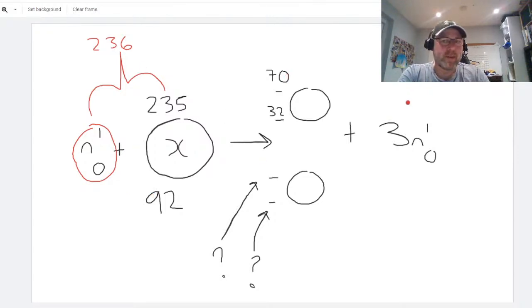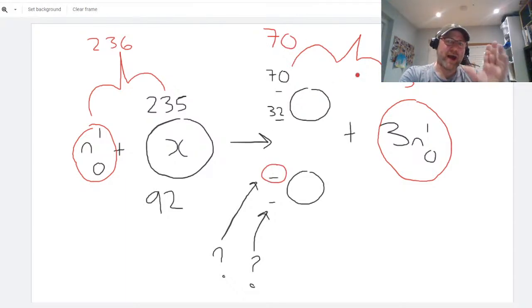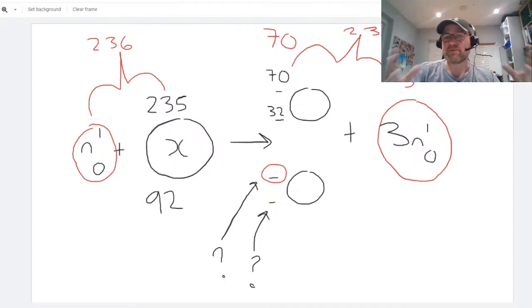So what about over here? Don't forget this cheeky little 3 neutrons. They have a mass of 3. So don't forget that the 3 neutrons, the 70 here, and the mystery one have got to add up to 236, because mass, of course, is conserved. It's the same before and after.